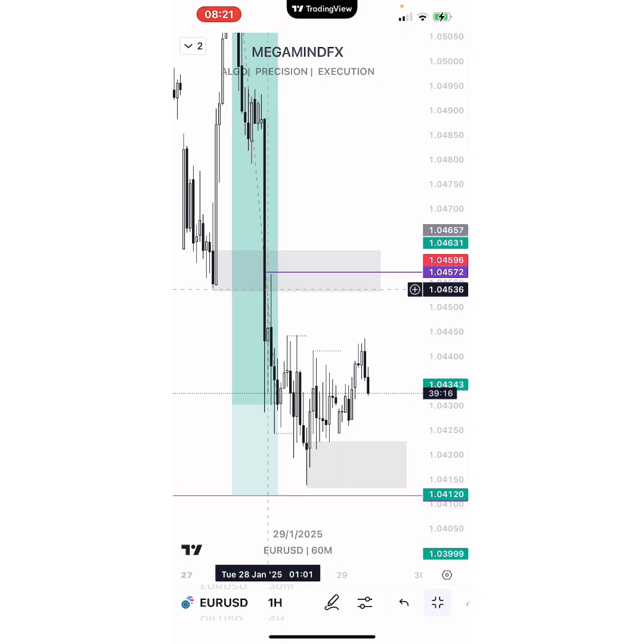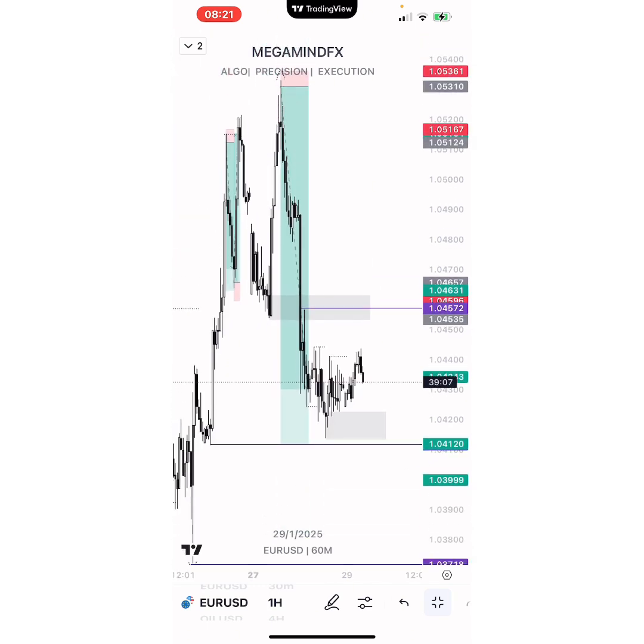We could see that this was the area price was meant to continue to buy, and it broke, coming from the last higher time frame order flow for buy. So this area was not meant to be taken. As soon as price took it, what happened? We had the mitigation of the open, and then price began to drop towards the downside.